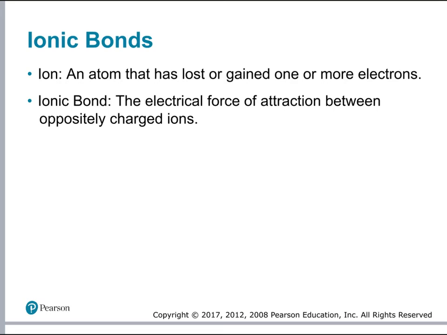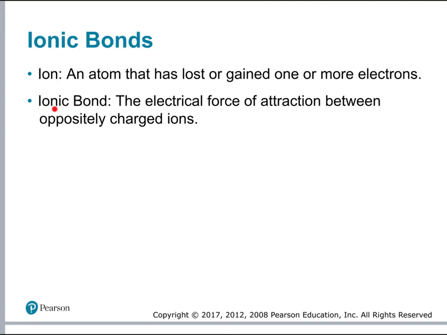And so if I have a particular element that likes to gain electrons, and that causes it to become negatively charged, and another element that likes to lose electrons, which causes it to become positively charged, those oppositely charged ions are going to attract one another. And when they do, they can actually cause those atoms to form a strong bond with each other, and we call that kind of bond an ionic bond.